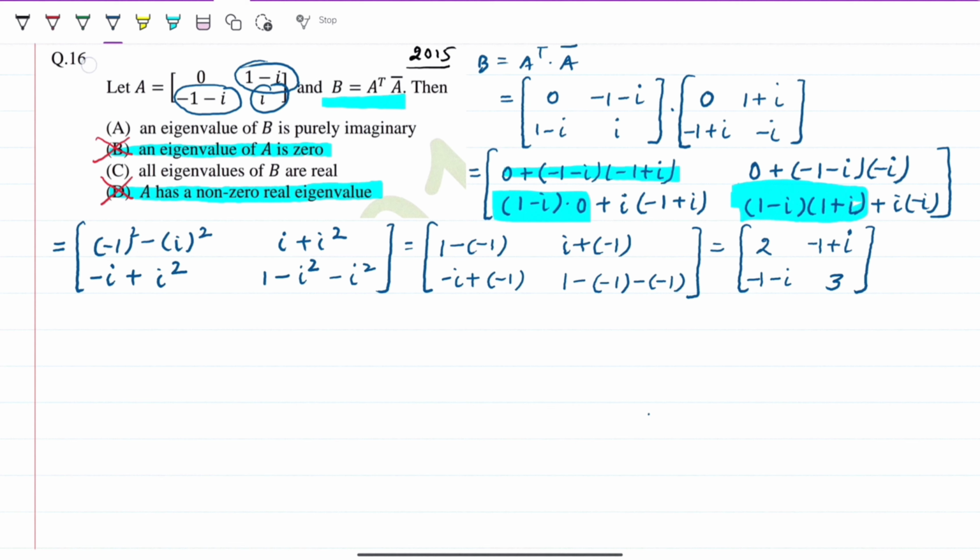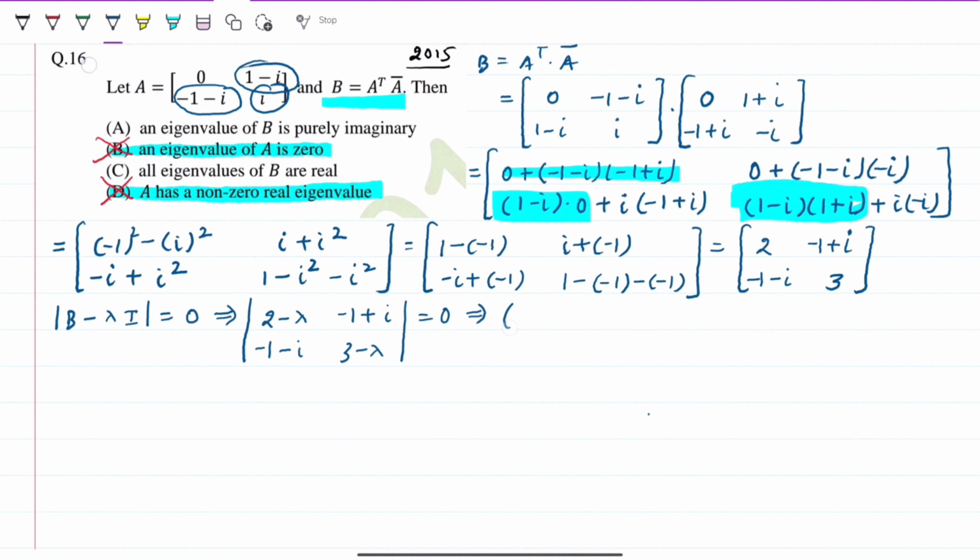So we have got a matrix B, and we wish to evaluate the eigenvalues for B, and that will be given by the characteristic equation, which is determinant of B minus lambda I equal to 0. That is going to be the determinant of 2 minus lambda, negative 1 plus i, negative 1, negative i, and 3 minus lambda, equal to 0.